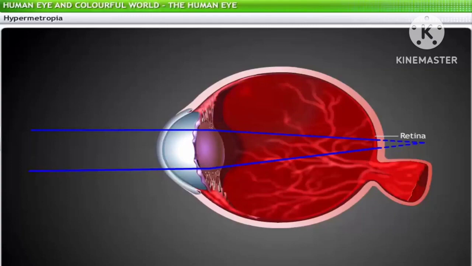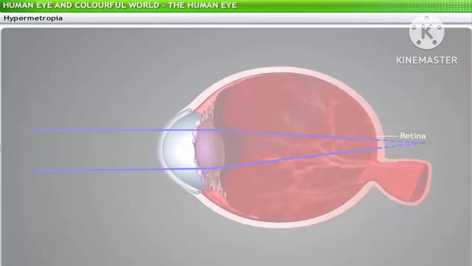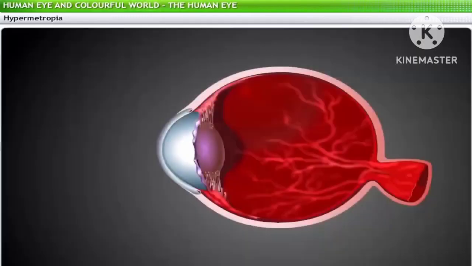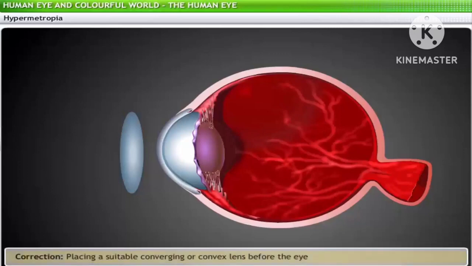So what's the solution for this condition? Like myopia, hypermetropia can be corrected by placing a suitable lens in the line of sight. However, in this case, you'd use a convex lens instead of a concave lens.